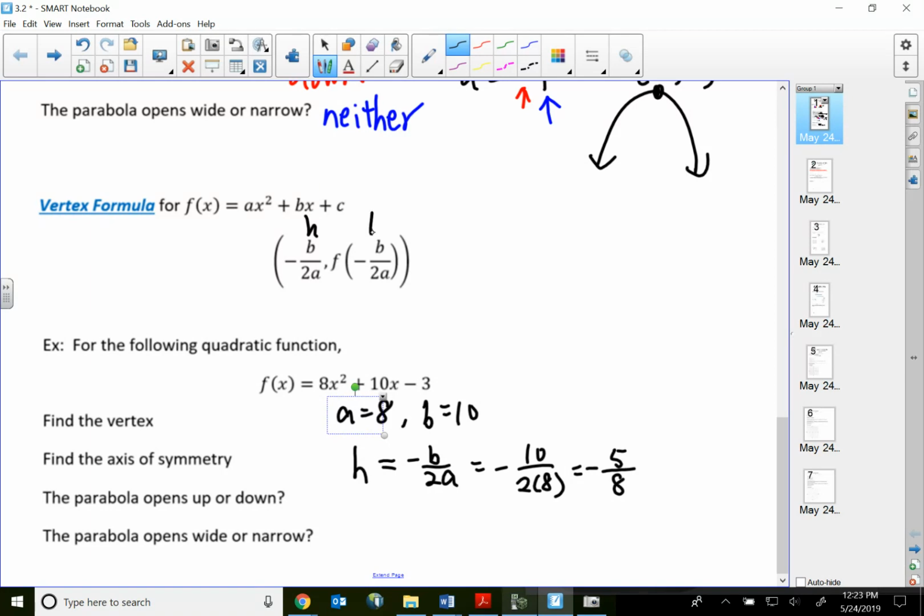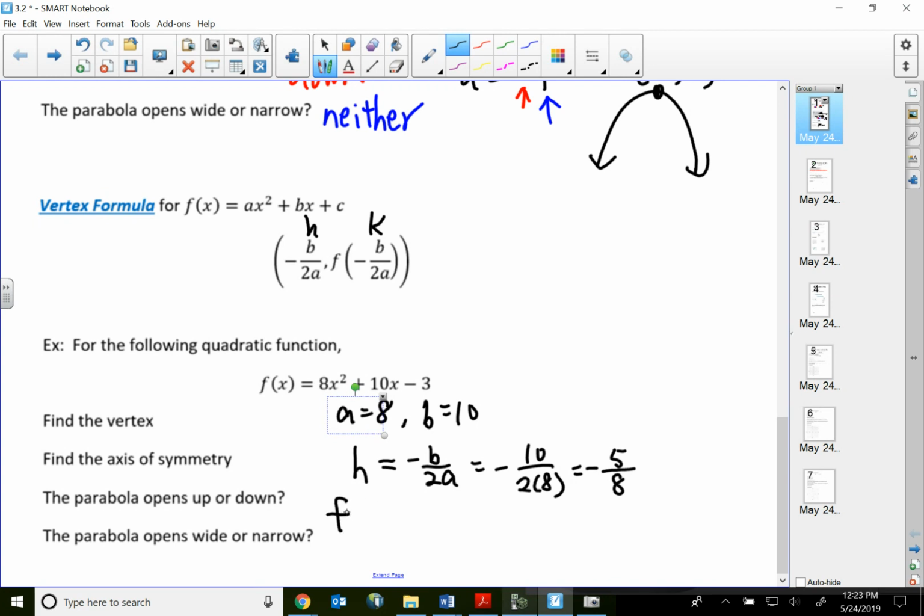So to find the k, all I'm going to do is substitute the x value back into my function. Remember, when we input the x value, we always output the y value. So if -5/8 is the x value of the vertex, then I need to input the x value of the vertex into the function for me to output the y value of the vertex. So all we're going to do is just plug it back in here.